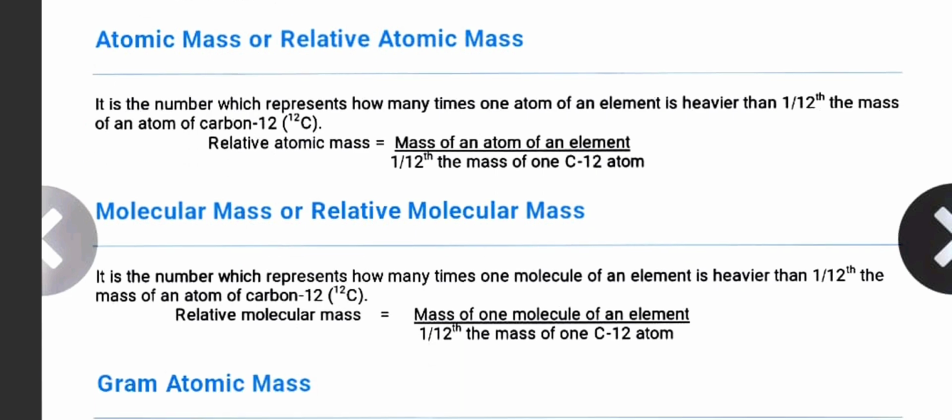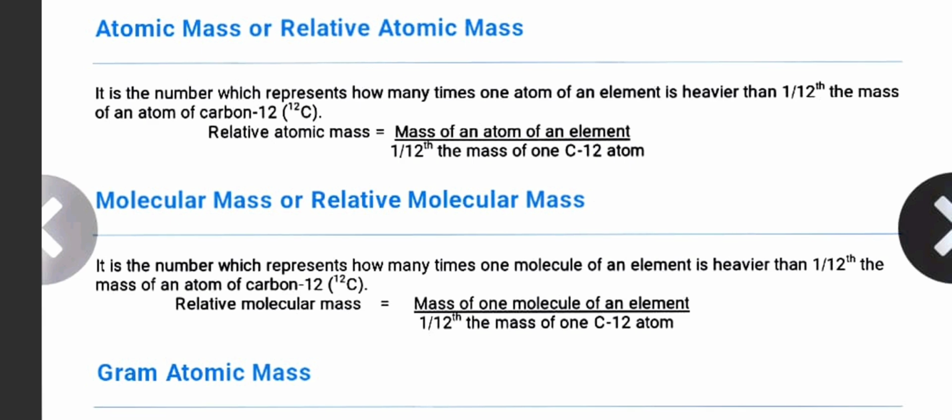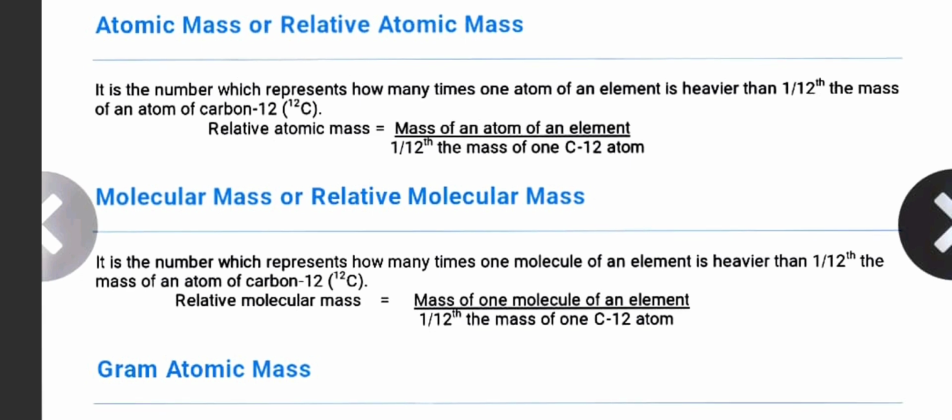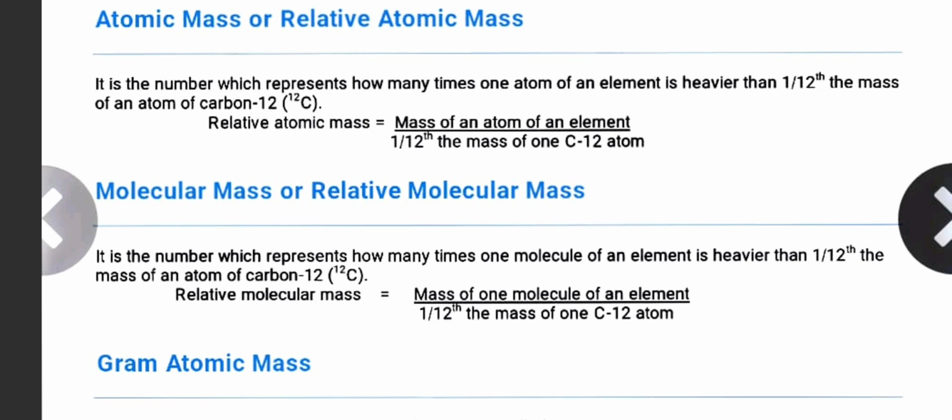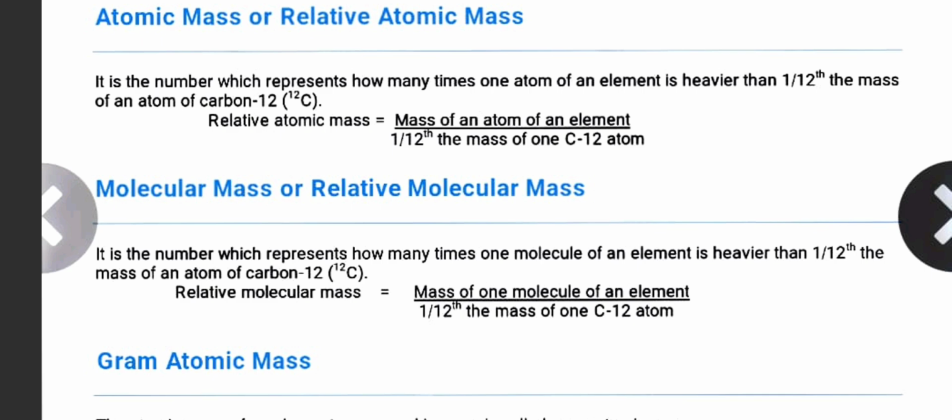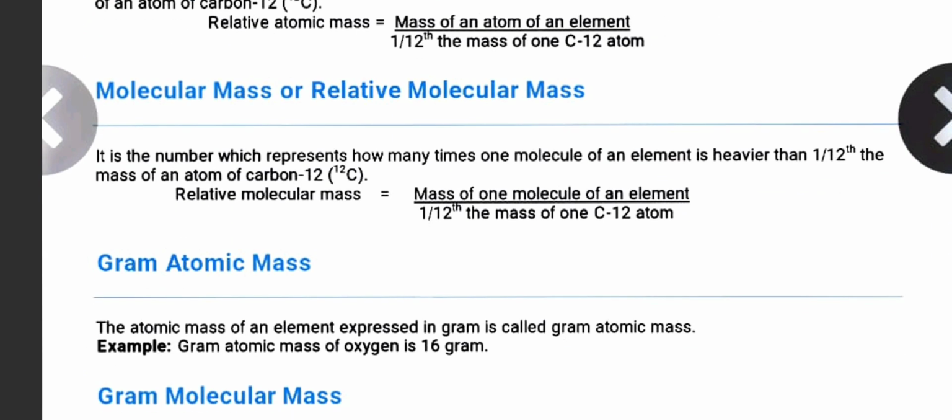So what is relative molecular mass? Relative molecular mass is equal to the mass of one molecule upon 1/12 of the mass of a carbon-12 atom.